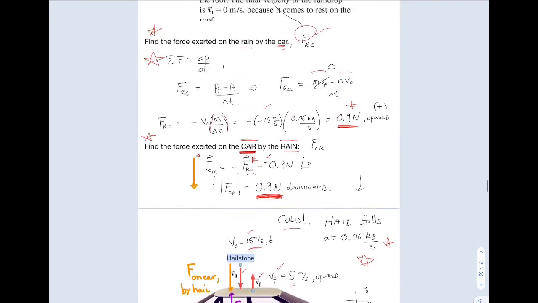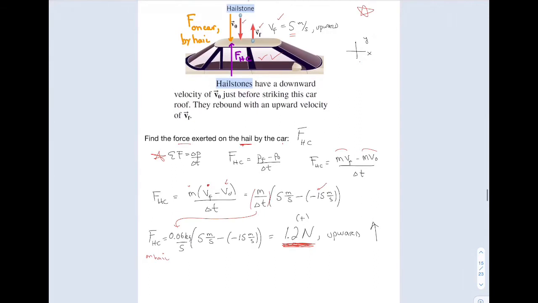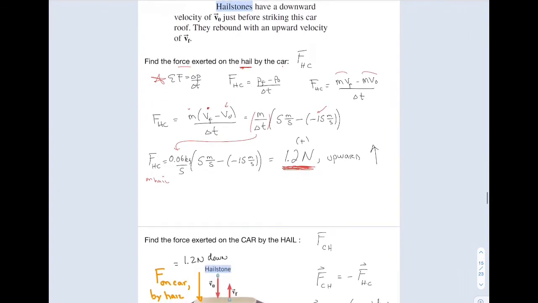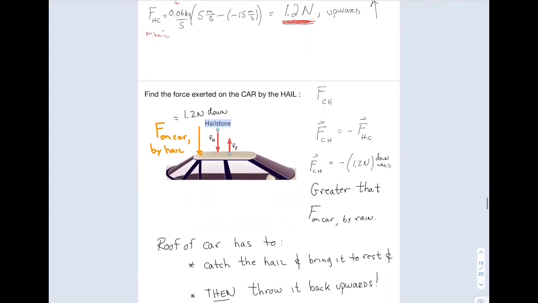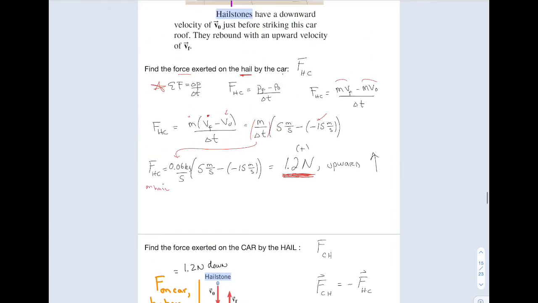Okay, now it's bigger. Up here, the force exerted on the rain by the car only had to be 0.9 newtons. Here, the car has to exert a force of 1.2 newtons on the hail. Now why is it bigger? Well, we want to now find the force exerted on the car by the hail.